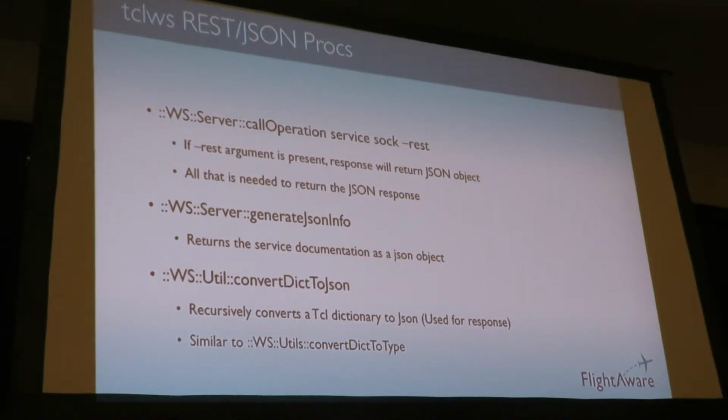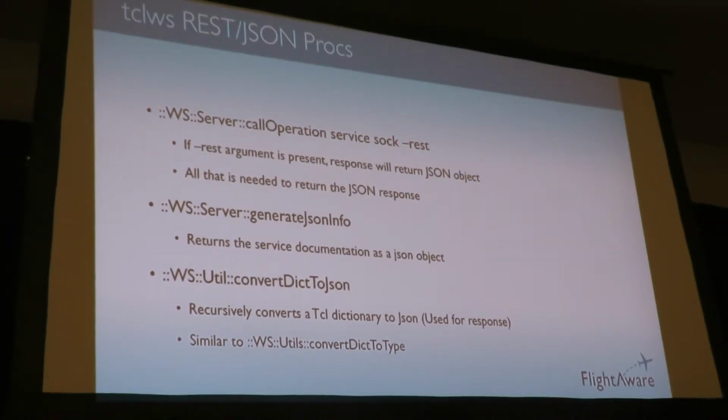And then we also have generate JSON info. This will give you back the same information that the doc would give you. Whatever operations you've specified in tclws, if you call the doc, you get an HTML or text-based format of that. If you call this generate JSON info, then you'll get a JSON explanation of all the different types, the operations, and descriptions on them.